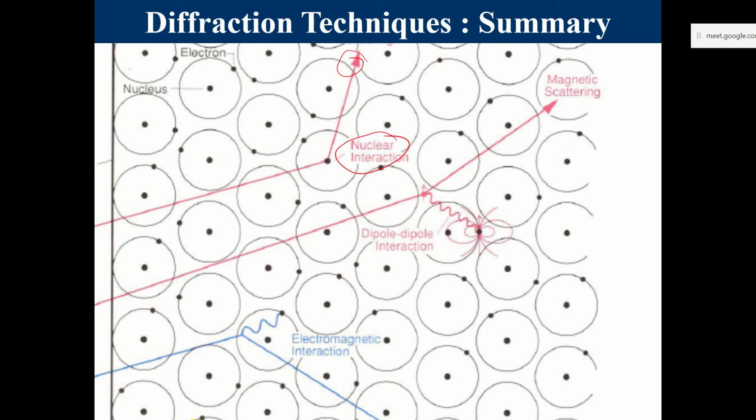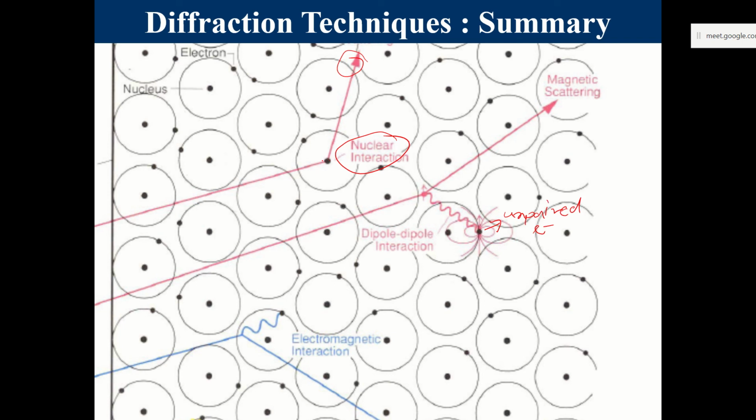But suppose one of the atoms has an unpaired electron. It has some magnetic moment, and will generate a magnetic field of its own. This magnetic field is shown over here, north to south direction. So this is a tiny magnet, where the unpaired electron is present.